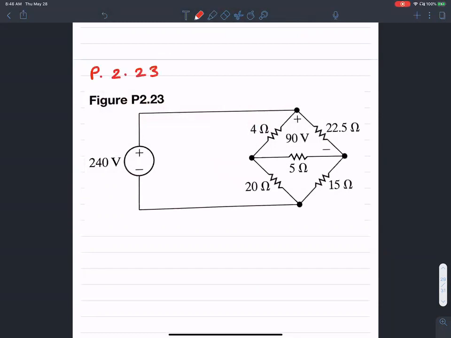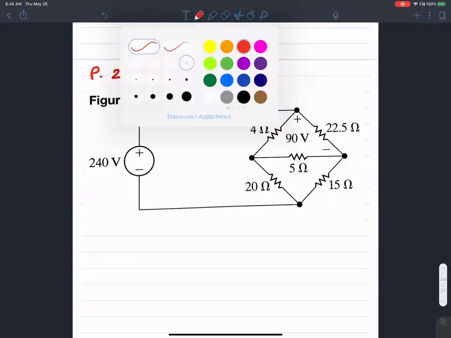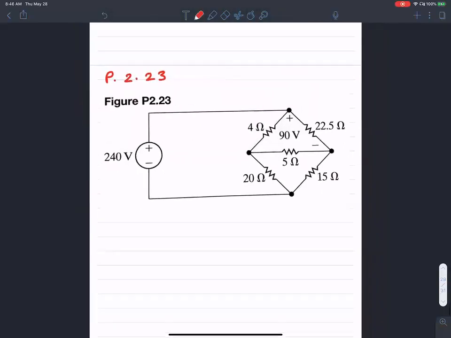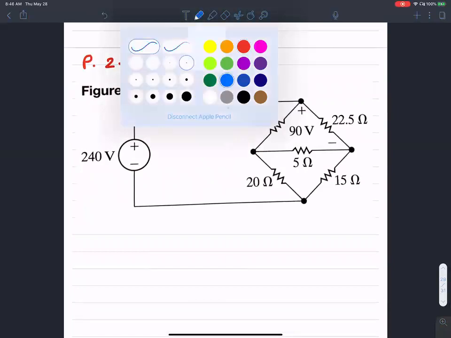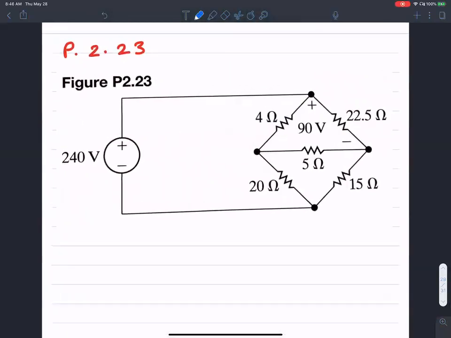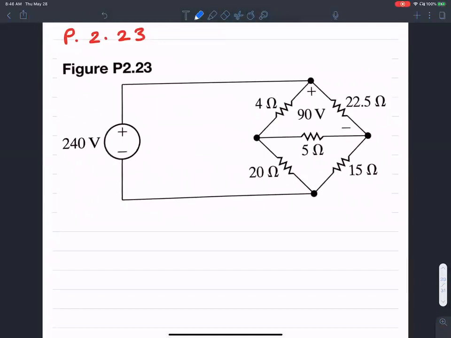Okay, problem number 2.23. Let's make some observations here. The first thing we do, as always, is to set up arbitrary directions. Let me call this I total, or I source, I total. And I'm going to call this I1.